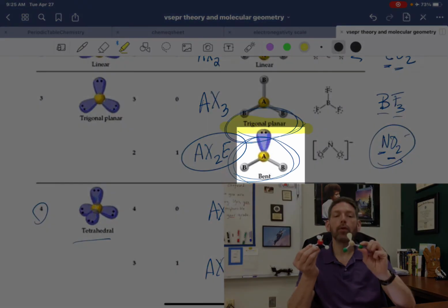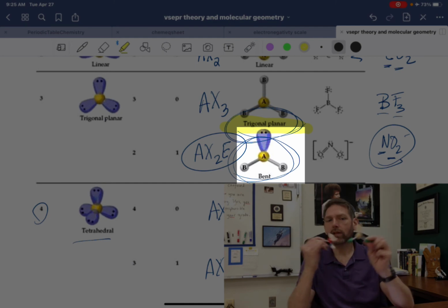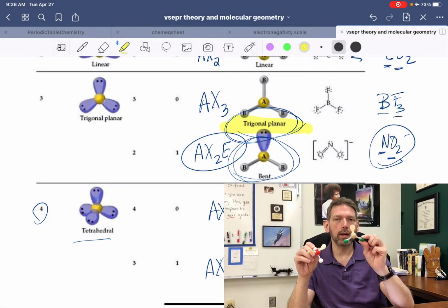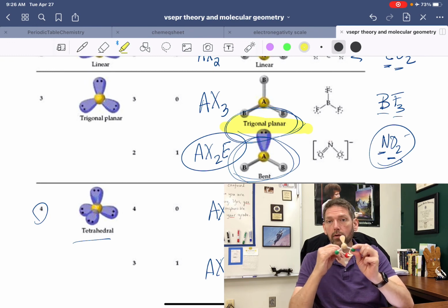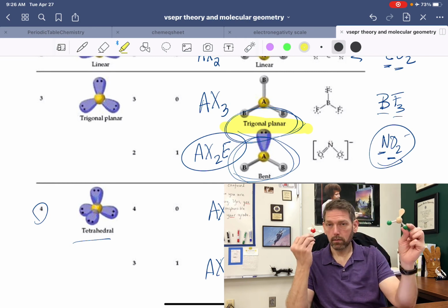All right. The only difference is this particular atom, the central atom, cannot hold a second lone pair, but because of the way that it interacts with the other atoms that are here, it still forms a bent sort of shape, and so we say bent.